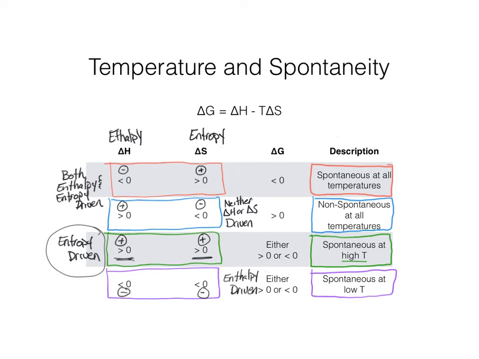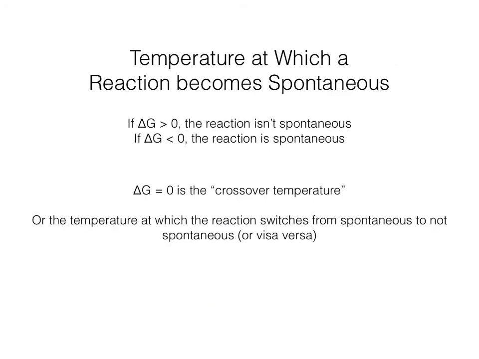One of these reactions, so the temperature at which a reaction becomes spontaneous is known as the crossover temperature. And that is where delta G is equal to 0. Or really, this is the temperature at which the reaction switches from being spontaneous to not spontaneous, or vice versa.